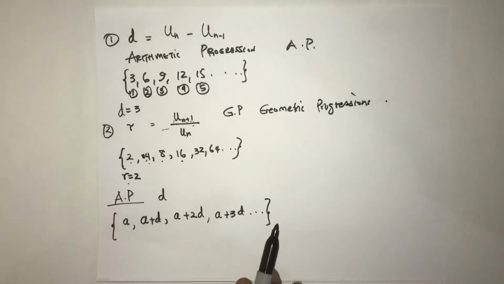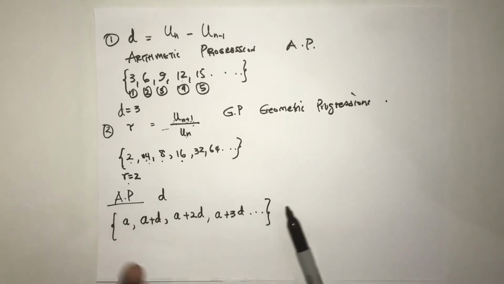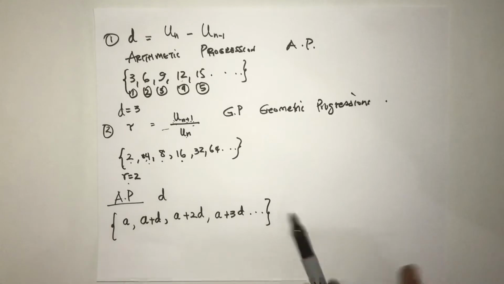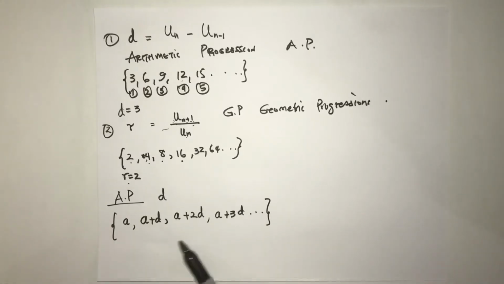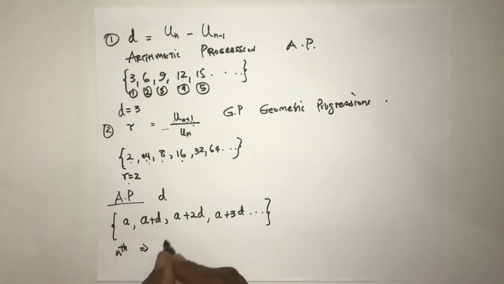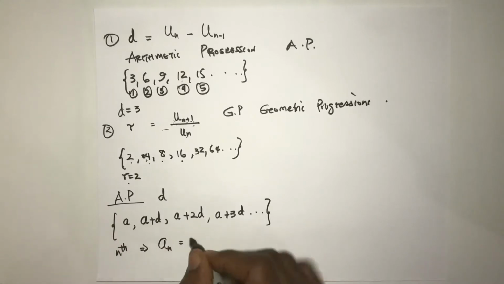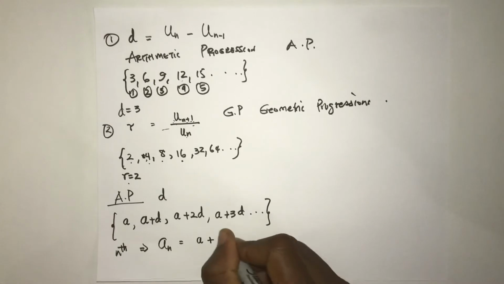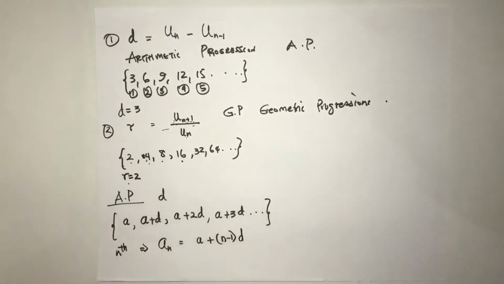Now, the nth term of the arithmetic progression, when you look at the general sequence of the terms, would be denoted by an equals a plus n minus 1 d.